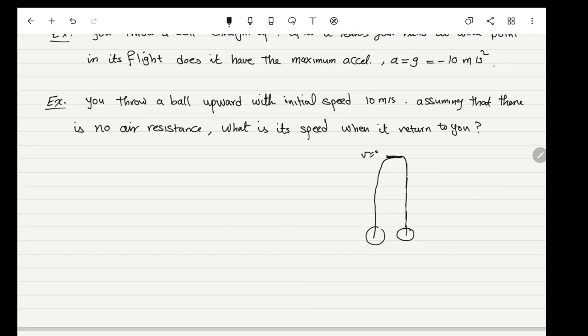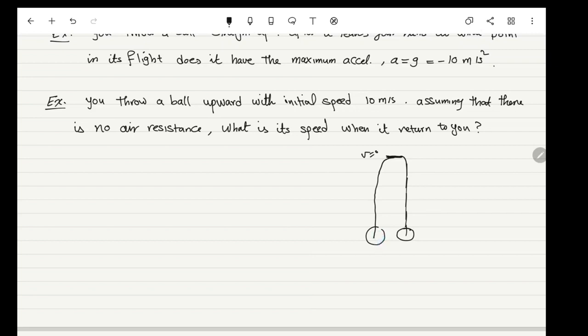The same rate here. Since the acceleration is constant all the way in the trip here and back here, the velocity of the ball here equals the initial velocity.